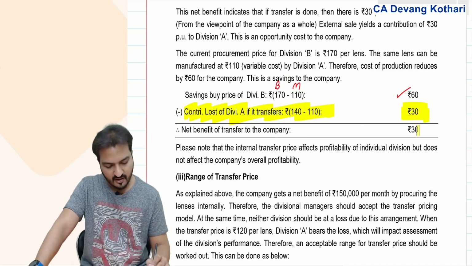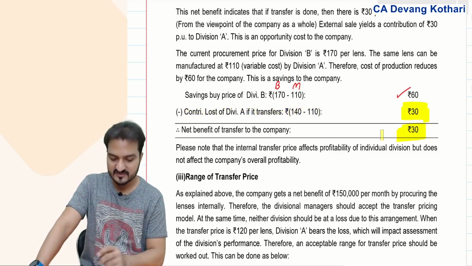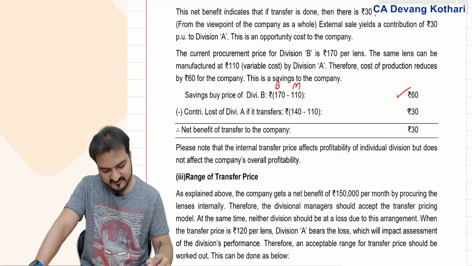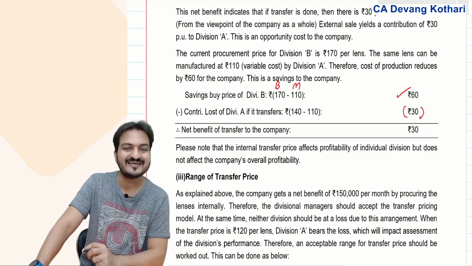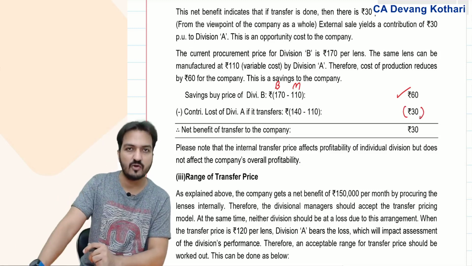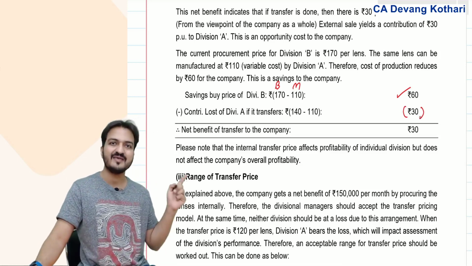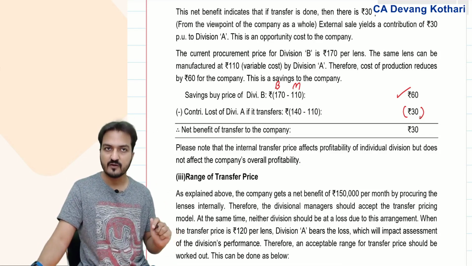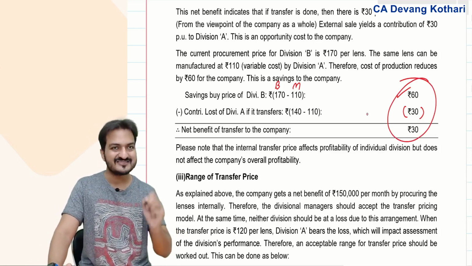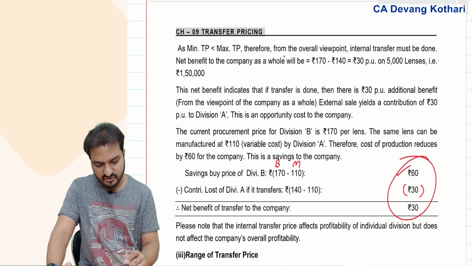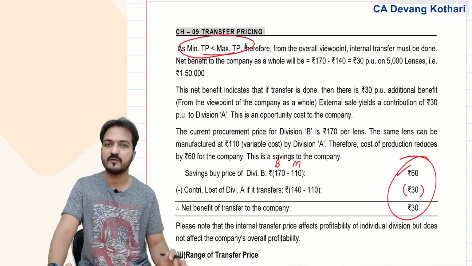So net benefit to the company is balance 30 rupees. 60 rupees is the savings in cost of make. Minus 30 rupees is the contribution of external sale lost. So the net benefit to the company is 30 rupees. Done? Yes, this explanation will always give you same net benefit as the difference of minimum TP and maximum TP.